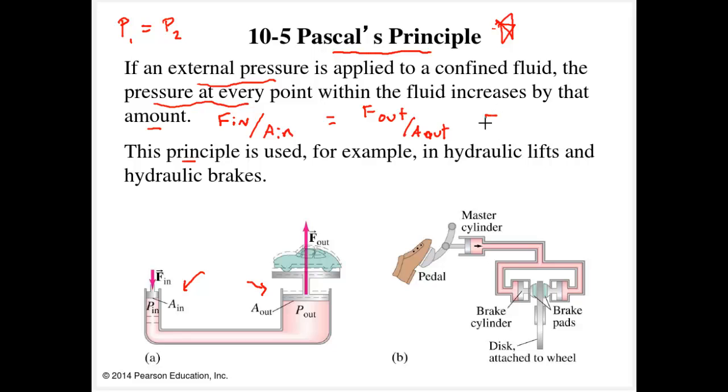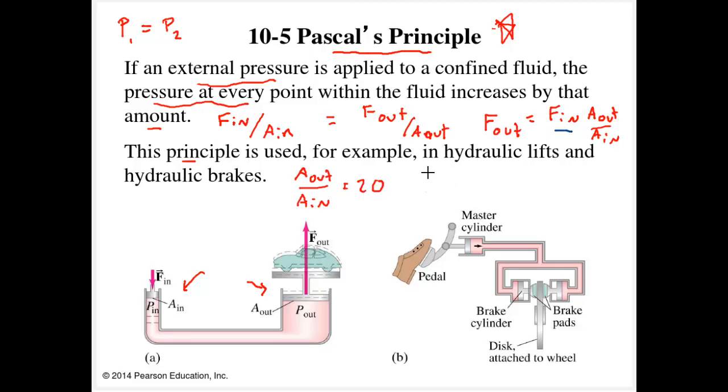We can then multiply both sides by the area out, and say that the force on the output side is going to be the force on the input side multiplied by the ratio of the areas, area out divided by area in. If these areas are different, suppose the area out was 20 times larger than the area in, suppose that ratio was equal to 20, then we could apply 200 pounds on the input side.